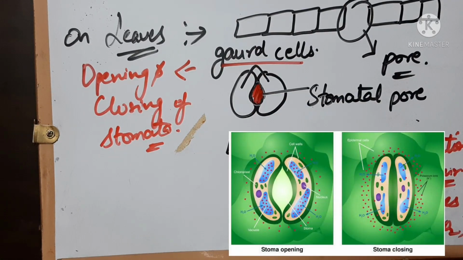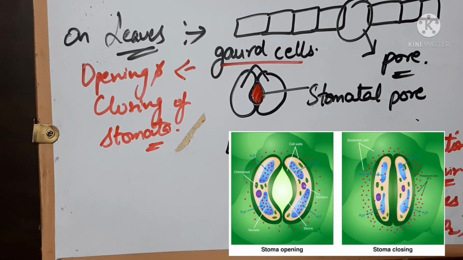Here you can also see in the diagram the opening and closing of the stomata regulated by the guard cells. How? When the guard cells become inflated by imbibing, or you can say by absorbing water, the stomatal pore opens, and when the guard cells lose water, they become flat and the pore closes. So this is how guard cells regulate the opening and closing of stomata.